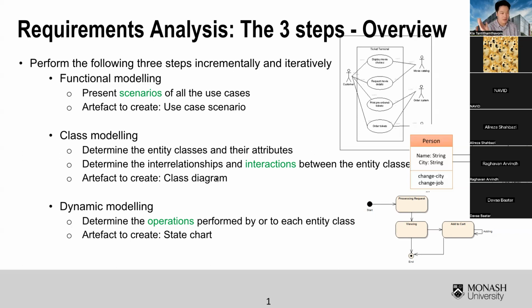Then dynamic modeling, right? Sometimes we can use this kind of dynamic modeling to determine the operations performed by each of the entity classes as well. And one of the things that we can create is the state chart diagram, right?